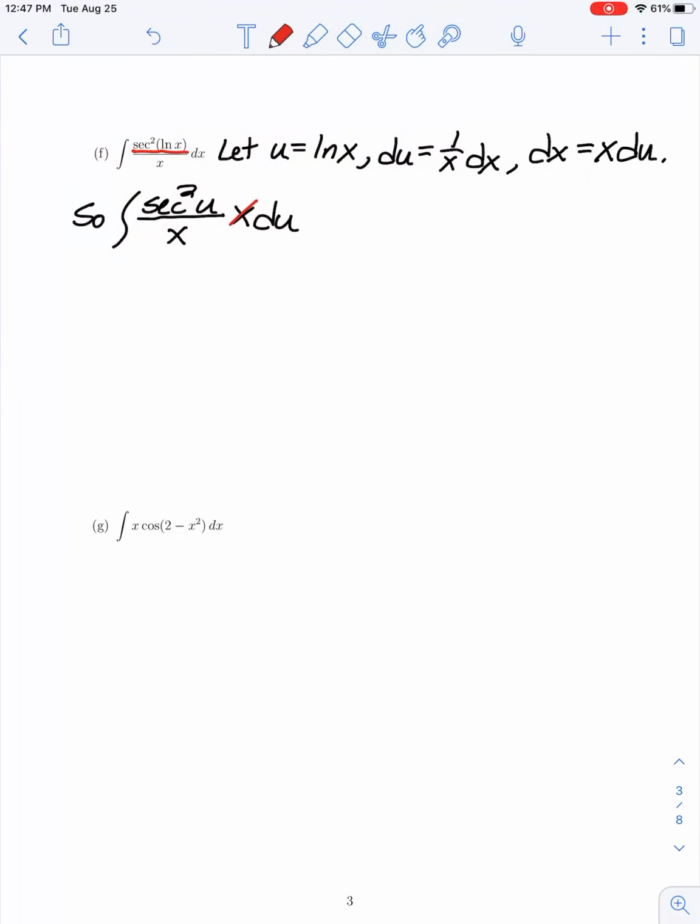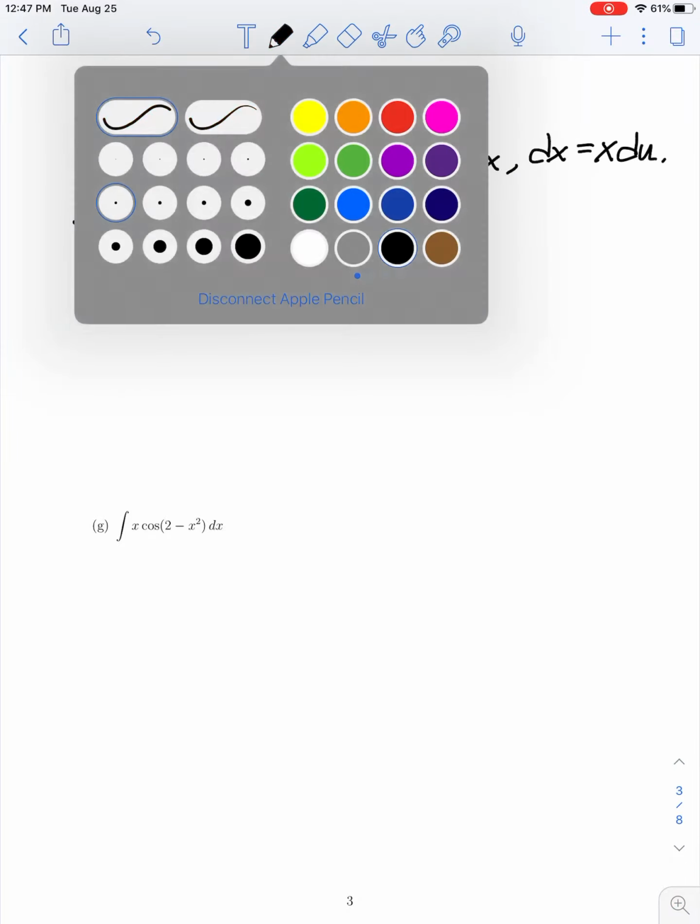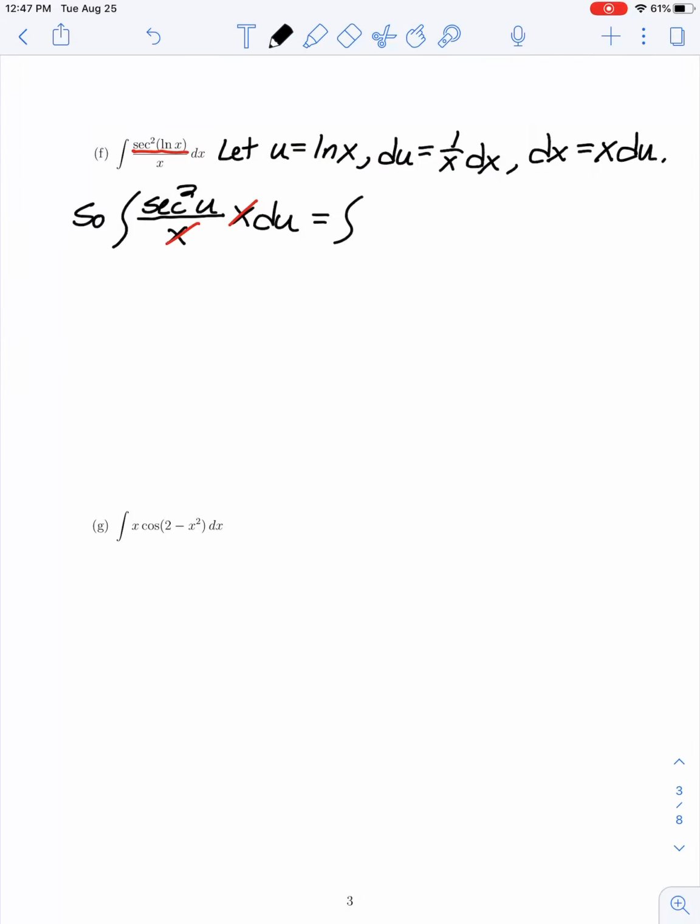So we see here that the x in our numerator and denominator cancel, and we are left with the integral of secant squared u du.